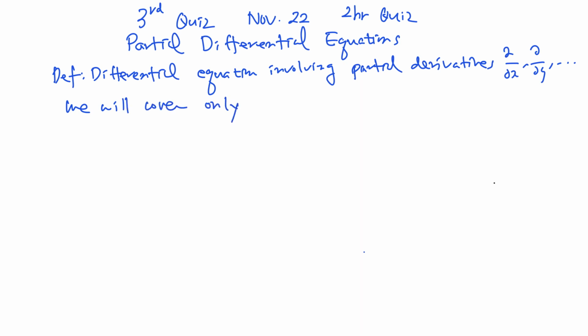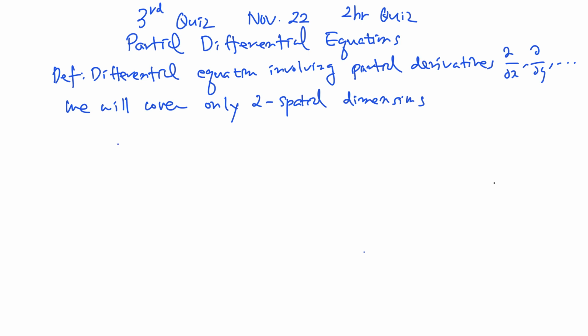Only two spatial dimensions. The reason why is relatively simple: simpler that way. And it's a really difficult subject and involves many tricks.